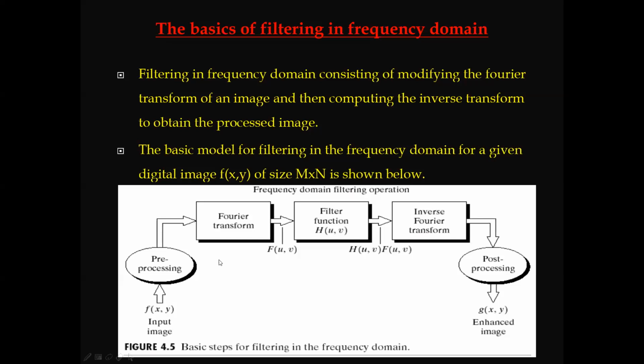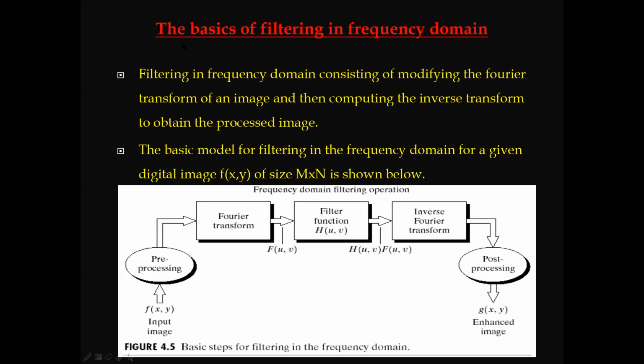Using pre-processing, any unwanted frequency components present before performing the Fourier transformation can be removed. Similarly, post-processing: any unwanted frequency components after performing the inverse Fourier transformation can be removed. So the remaining thing is we need to apply the Fourier transform to the input f of x comma y.